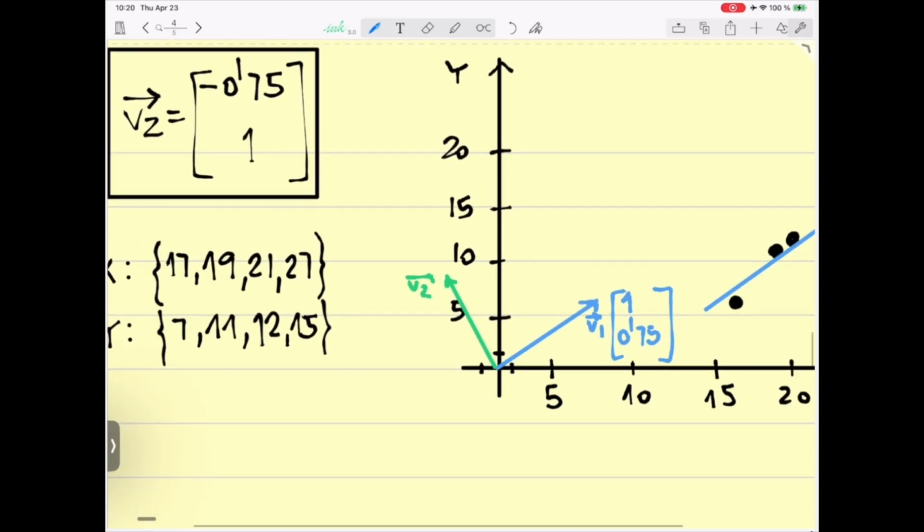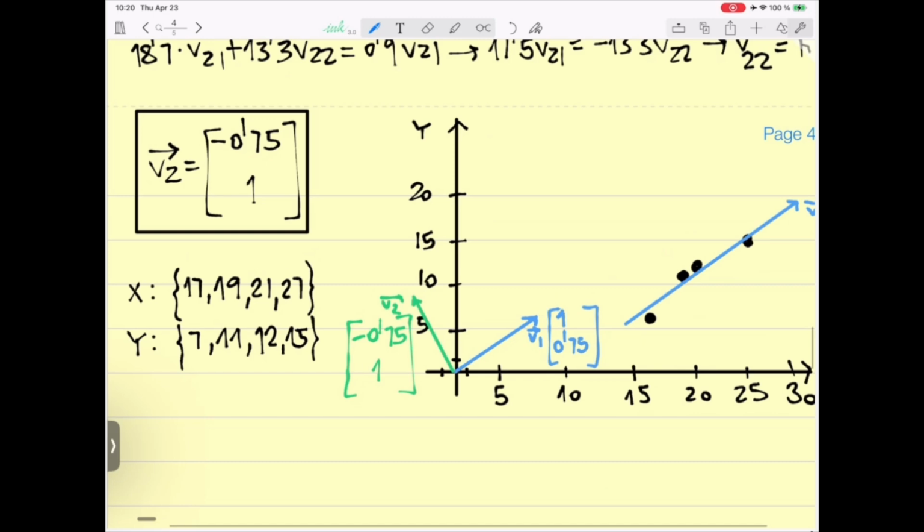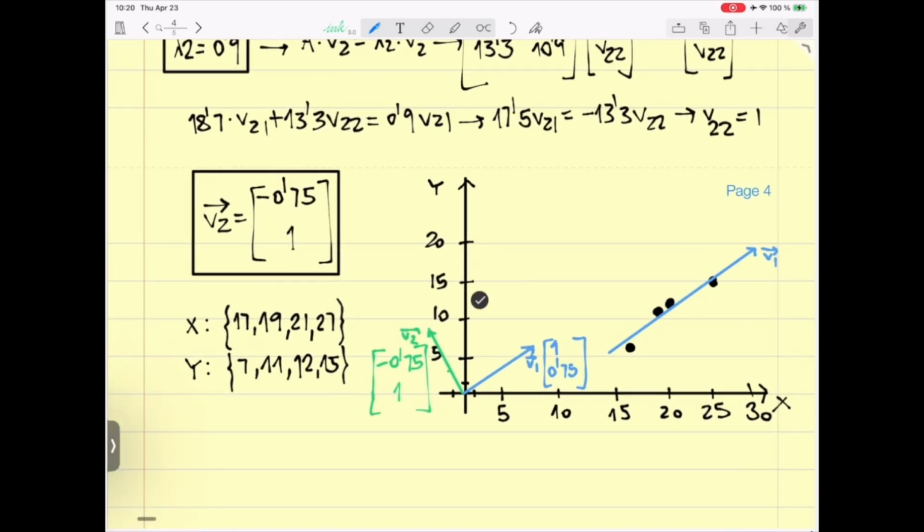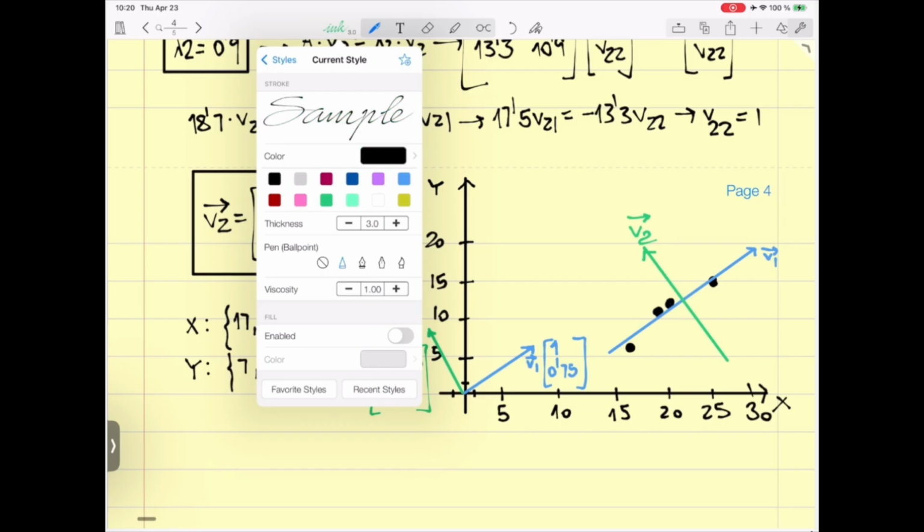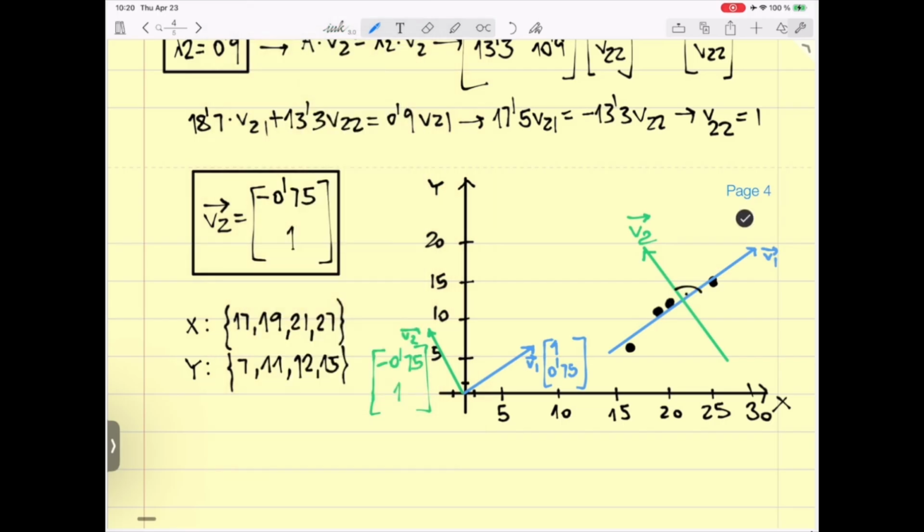This is the second vector, minus 0.75, 1. Okay, perpendicular. So if we take this, we can make it just perpendicular, and this is the second eigenvector of our management system. Both are, as I said, very important, perpendicular to each other. Okay, so this is the first takeaway.